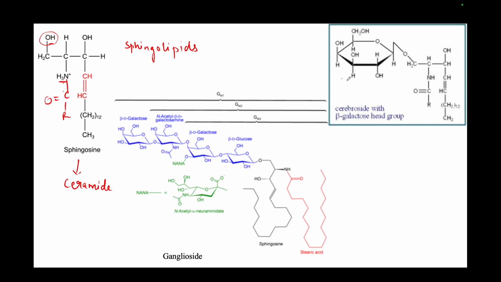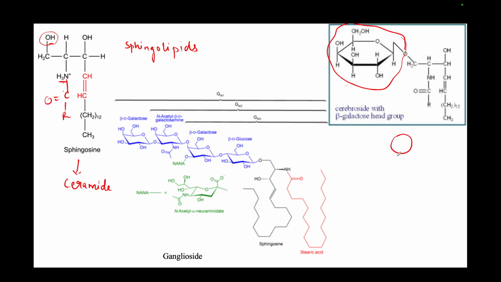Here beta galactose is shown. So glucose or galactose can be present as the polar head group. This will be the polar part, the one I am circling out, and this is the non-polar part. These are the non-polar fatty acid chains and the non-polar hydrocarbon tail.